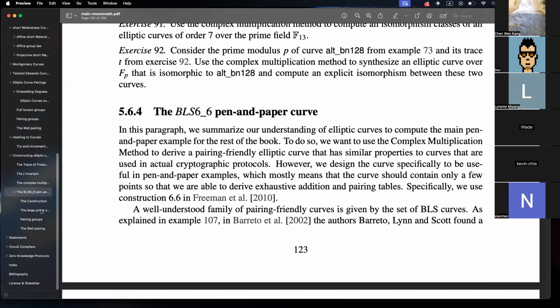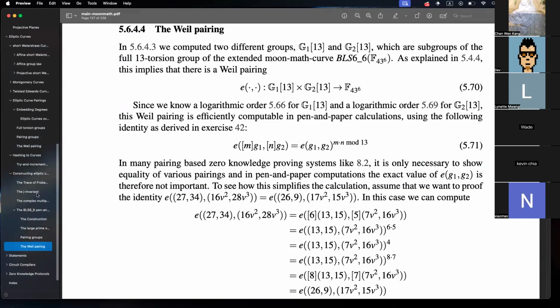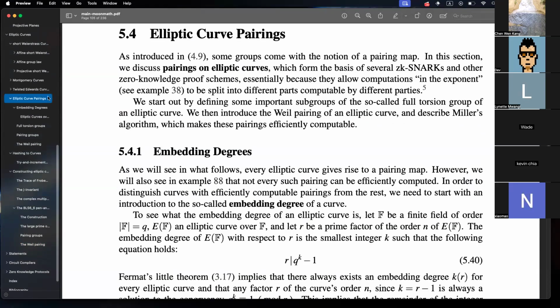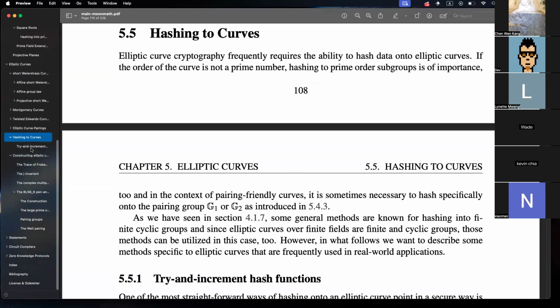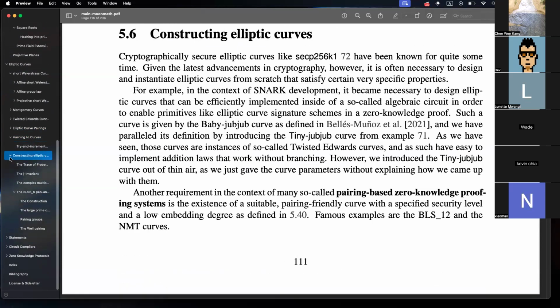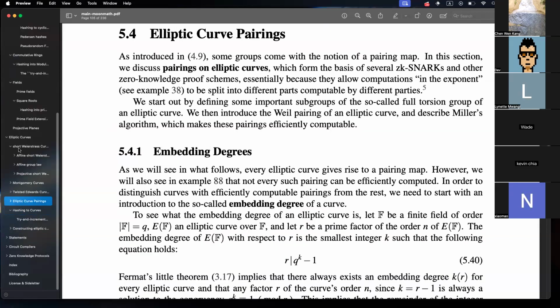So without further ado, let's go back again. Any more questions for 5.4, 5.5 and 5.6? Probably not 5.6. I'll go through 5.6 next week again, alongside your possible implementation on elliptic curves and elliptic curve pairings. Any more questions before we potentially end today's session?